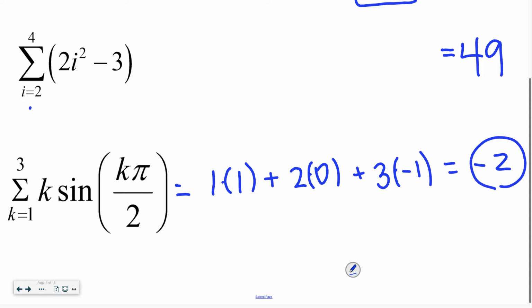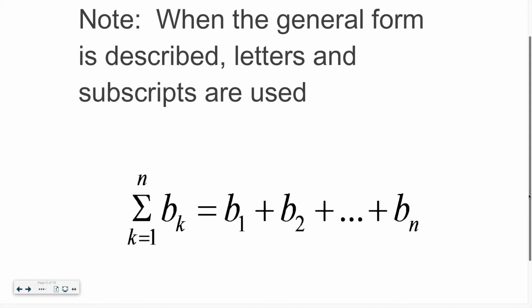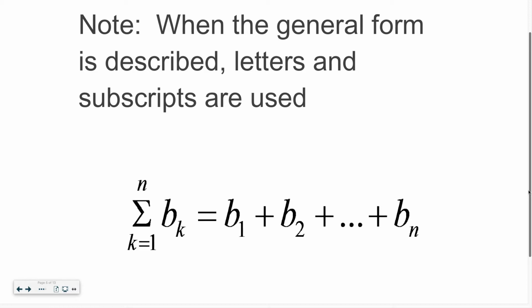Okay. Now, I don't know if you necessarily need to write this down, all right? But I want to bring to your attention that if I were to talk about a summation in general, something like this, we're going to use letters and subscripts. So like b sub k, that's basically describing a sequence. Remember we spent some time on sequences, all right?